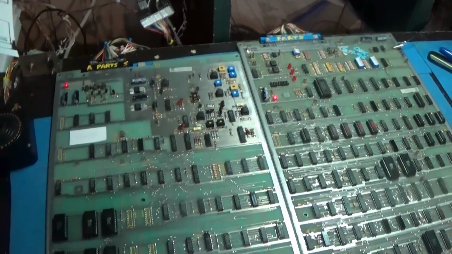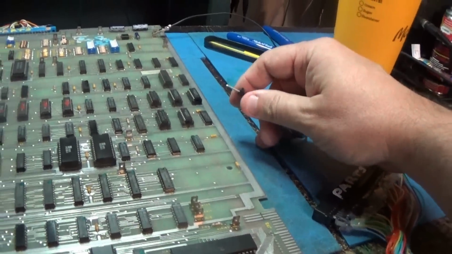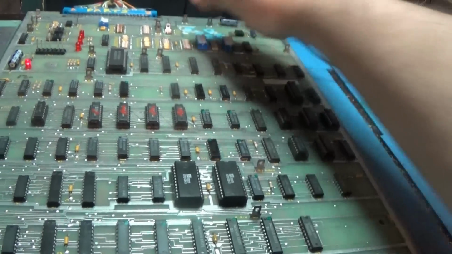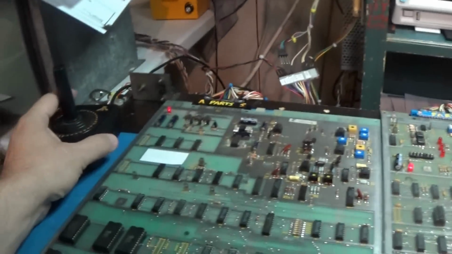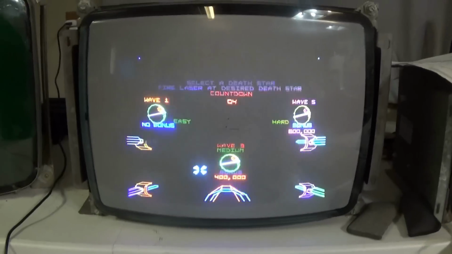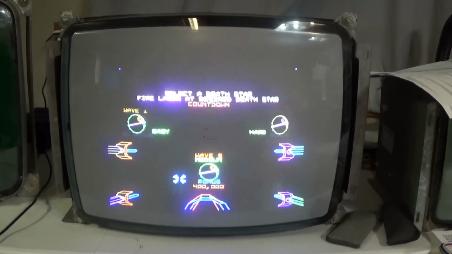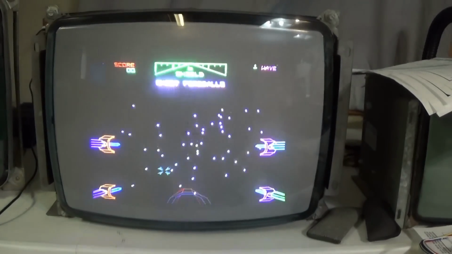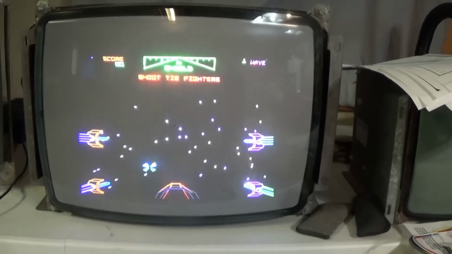We'll enter gameplay mode, and we should see everything looking right. I don't even have the soundboard hooked up. So we'll go ahead and coin up and start. Let it count down, and we should see everything looking right. And we get down into that trench for the trench run.